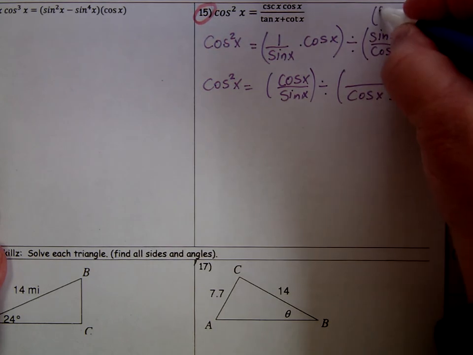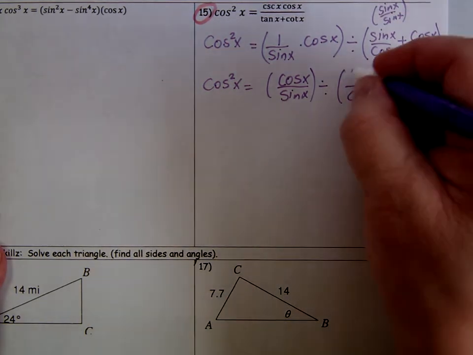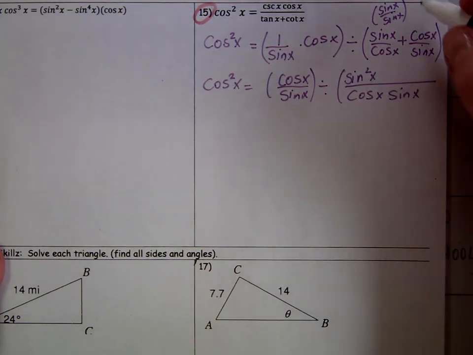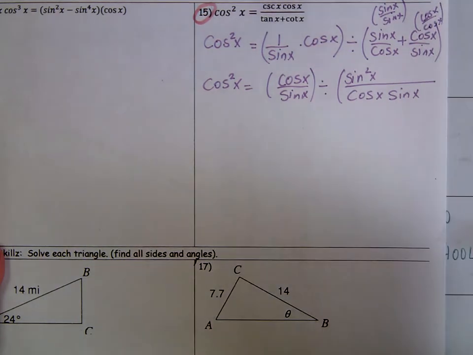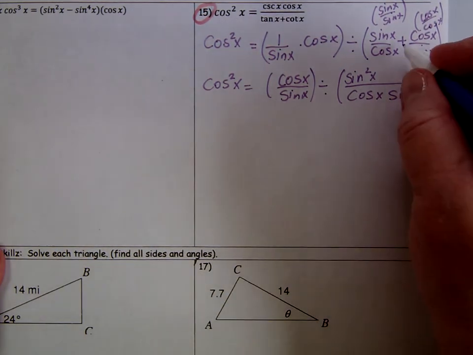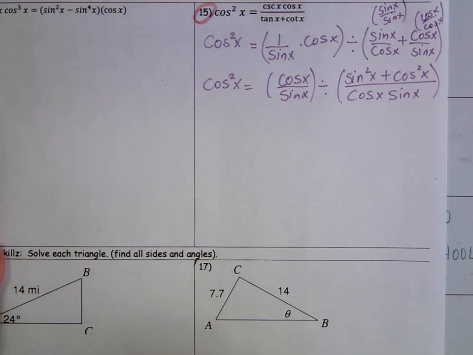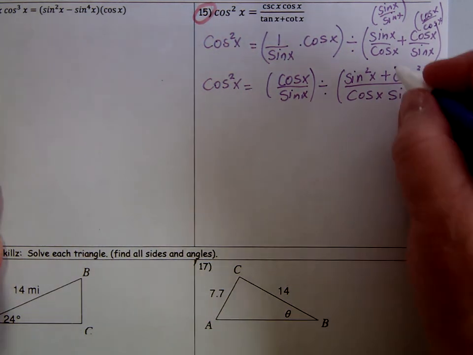I'm multiplying it by sine over sine. That gives me a sine squared. This one has the sine, it needs a cosine. I'm going to multiply this one by cosine over cosine. That means I get a cosine squared. There's a plus sign in the middle. Happy dance. Sine squared plus cosine squared is 1. So this is going to equal 1.